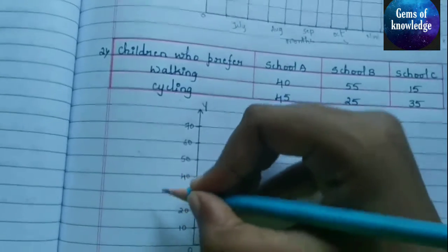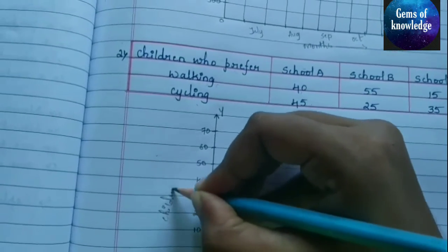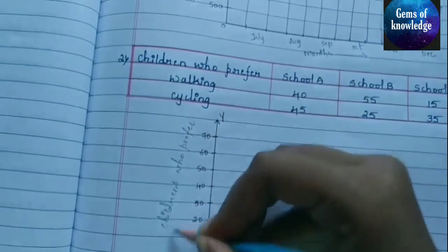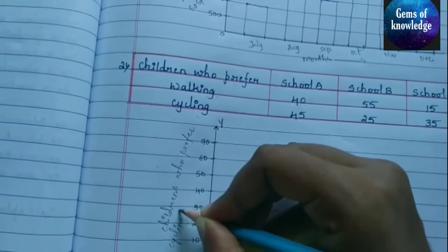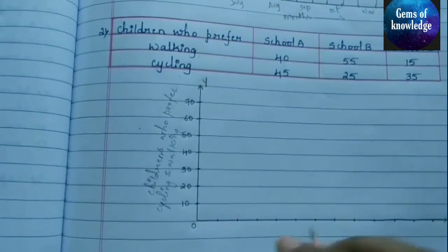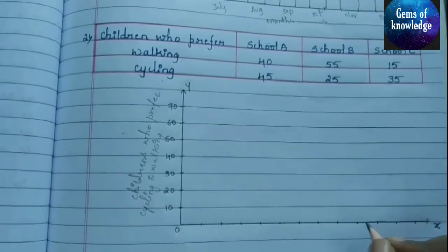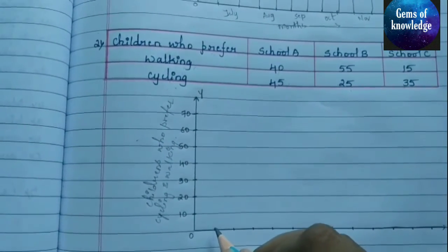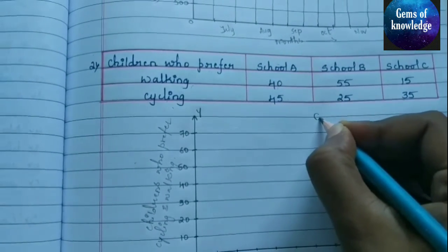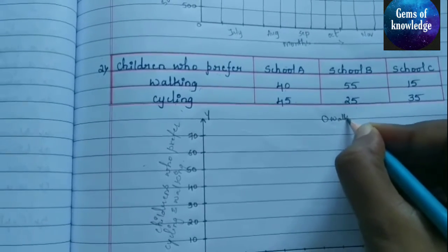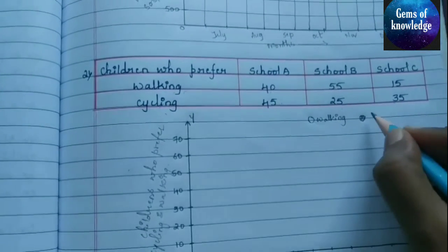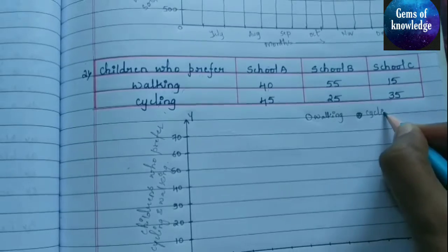So we can write here children who prefer cycling and walking, and here school A, school B and school C. First let me mark here: this white circle is given for walking, whereas this black circle with stripes will be given for cycling.